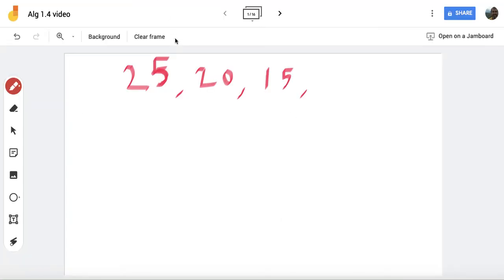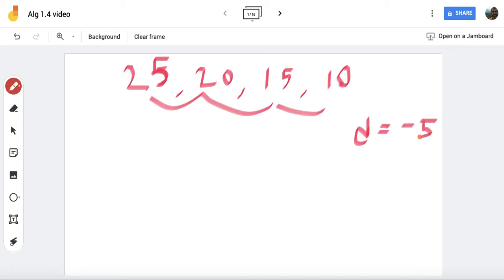All right, for the 25, 20, 15, I notice it's going down by 5 every time. I didn't write the next term, but it's going down by 5 every time. So that means d is negative 5. So when I go to write my recursive definition, the first term is 25, and every term after that builds off the previous term.